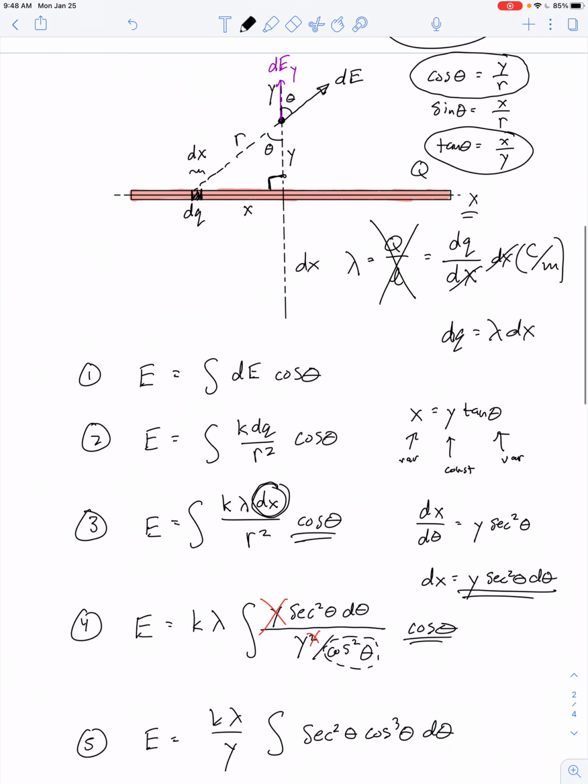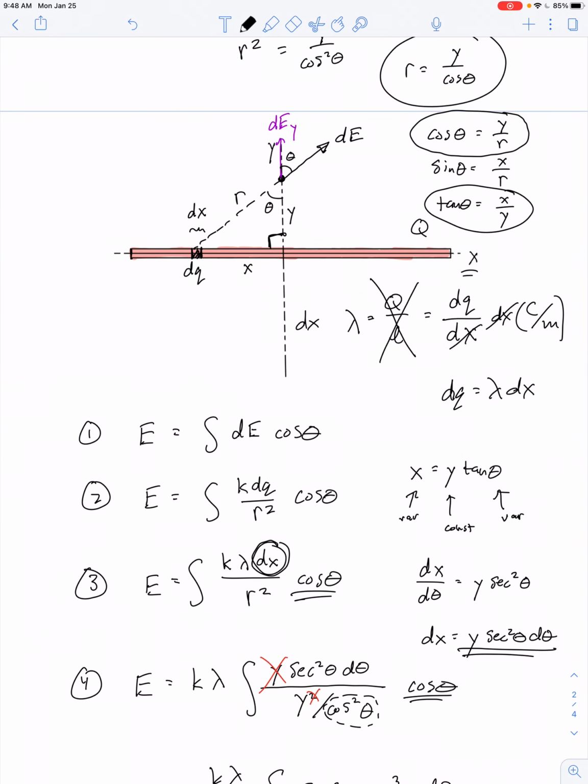What are our limits of integration? Well, the very first dq we have to account for sits at the largest possible angle theta. And as we imagine breaking the total charge q up into more and more little bits, as we progress towards the origin, theta approaches 0. And then we can continue moving past the origin and account for everything up until, again, we've reached this really large angle.